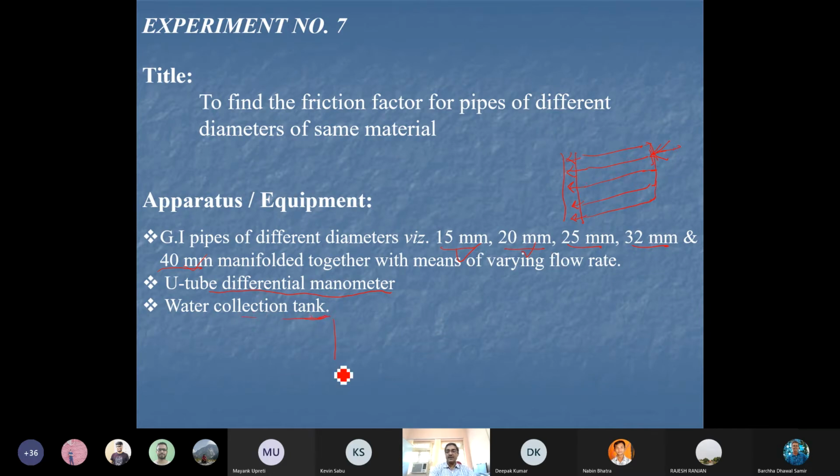If you recall earlier, it is a 40 centimeter by 40 centimeter tank, and we observe how much time it takes for the water in this tank to rise from a certain height to another, say 10 centimeter. So from the time taken for 10 centimeter collection of water, we can find the discharge.